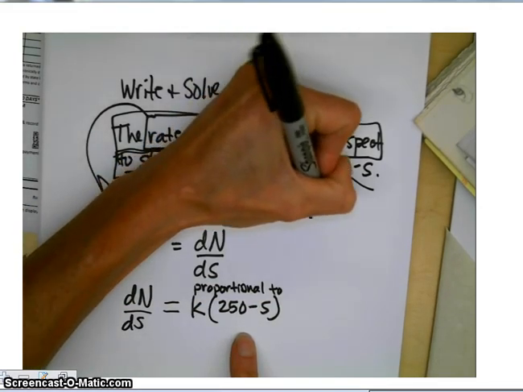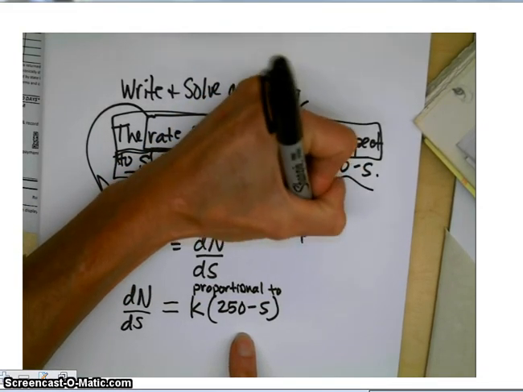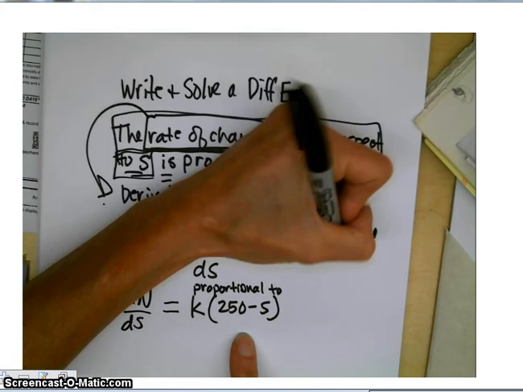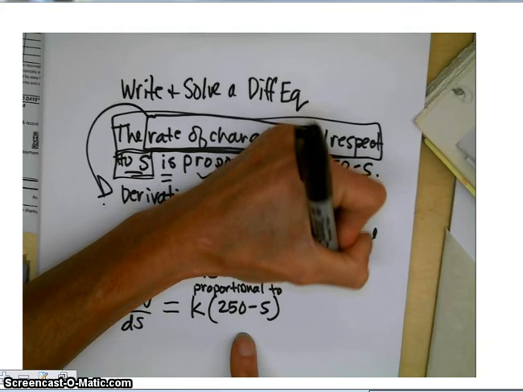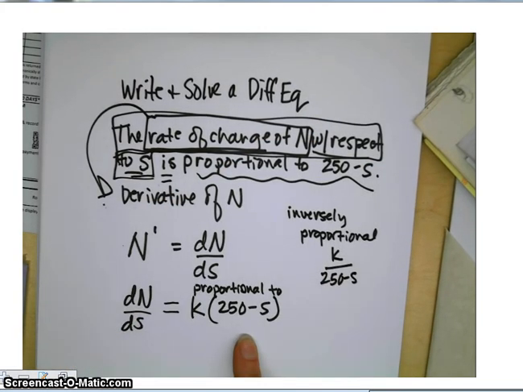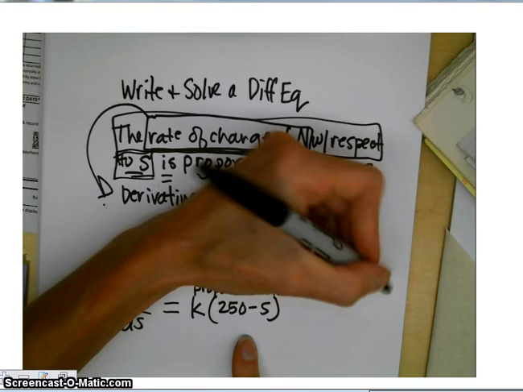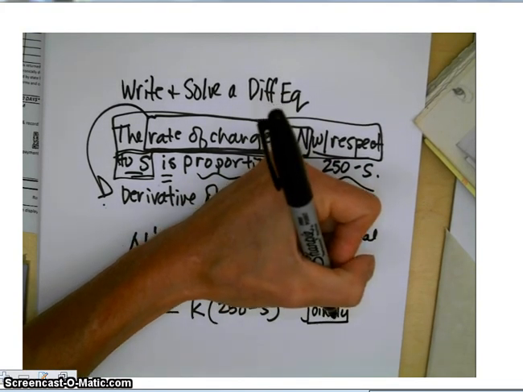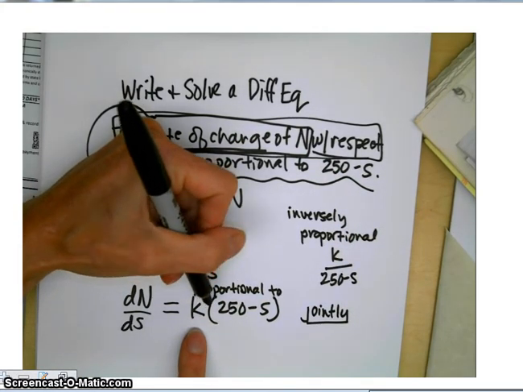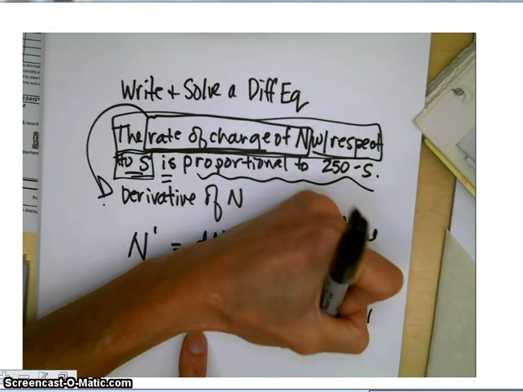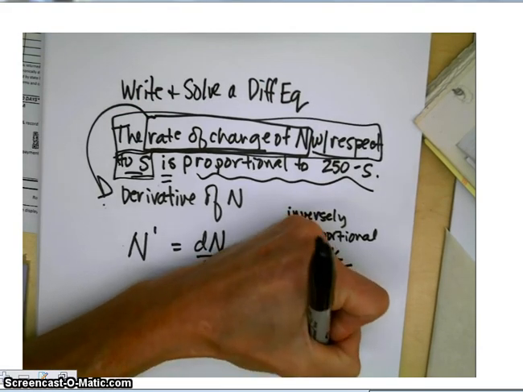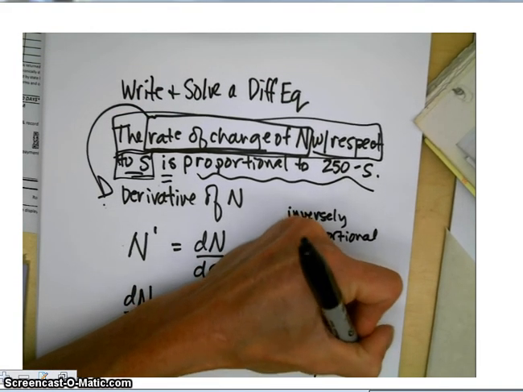Inversely proportional is like k over 250 minus s. Jointly, they would throw in another variable. It would just be like two things. Jointly with k and y, then it would be something like ky times 250 minus s.